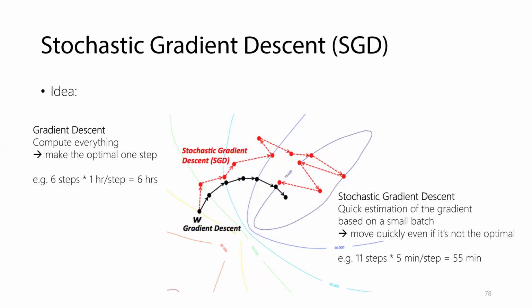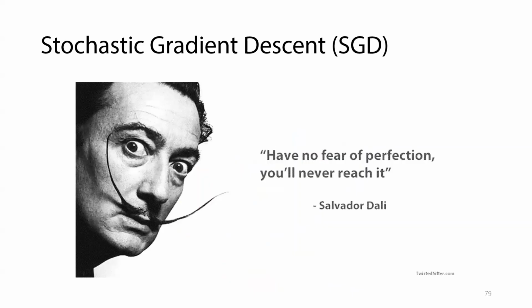So stochastic gradient descent is really about not being perfect, but about getting things done, right? This is actually my favorite motto. Don't try to be perfect, because you will never be able to achieve perfection. If you're strongly mathematically minded, then oftentimes you try to be perfect, you try to be rigorous.